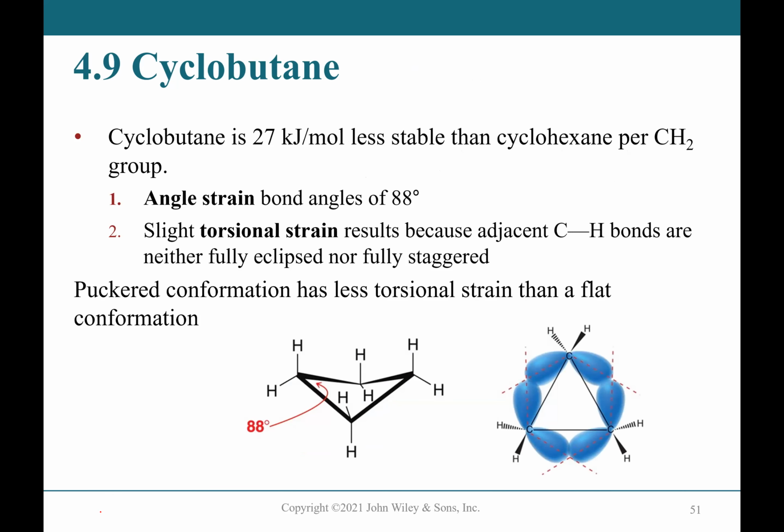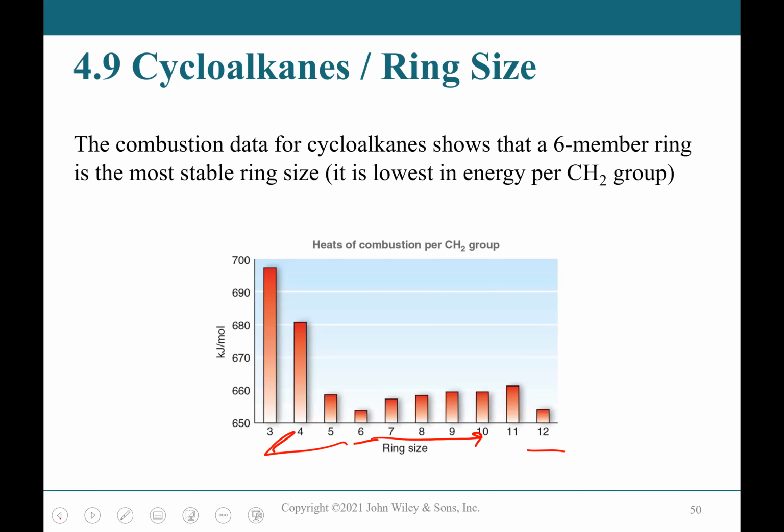Cyclobutane is 27 kilojoules per mole less stable than cyclohexane. Maybe this is 681, and if you go 27 below that, let me see, maybe this one's at 654, something like that.